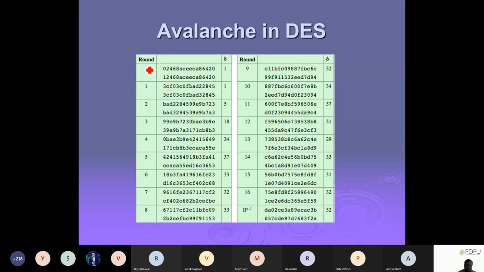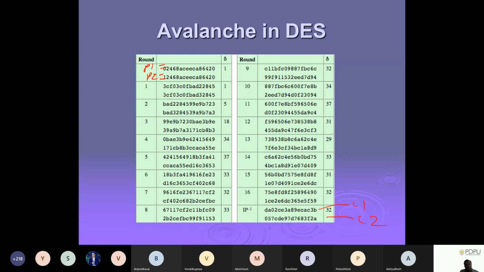Let me write it down. This is plain text 1, plain text 2, and for each of them, round-wise, they have found the results. Here is ciphertext 1 and ciphertext 2. I will assume that for both plain texts I have applied the same key.